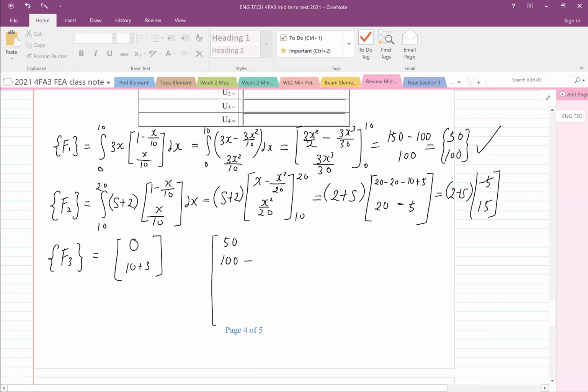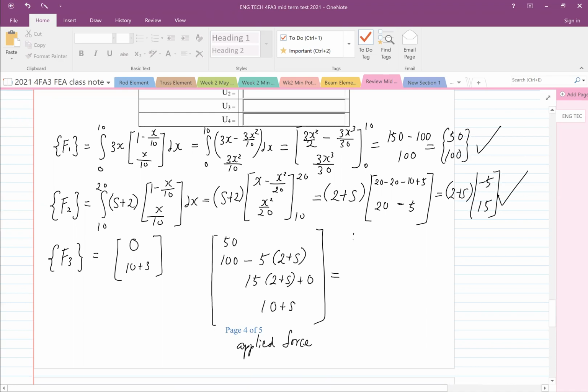And then minus 5 times 2 plus s. Right? And then 15 times 2 plus s. So this is done. Plus 0 and then 10 plus s. That's the applied force.